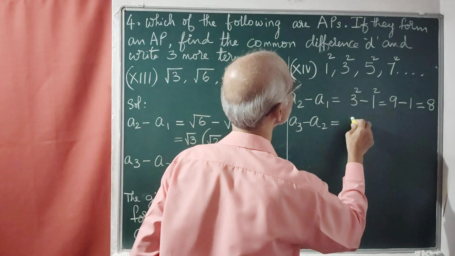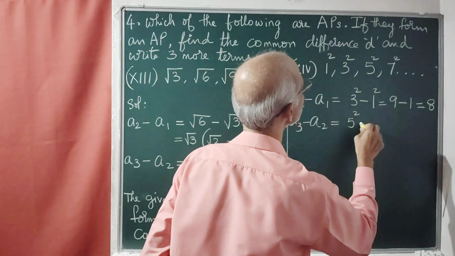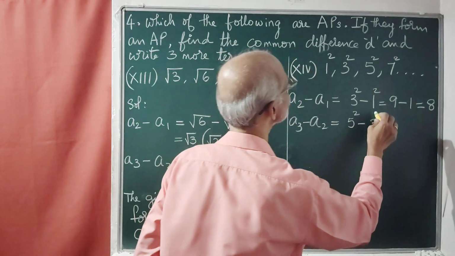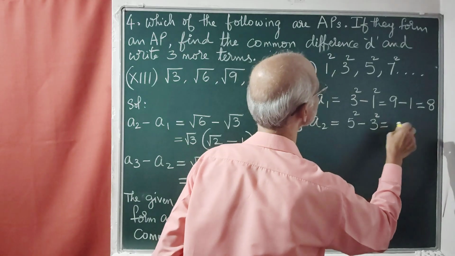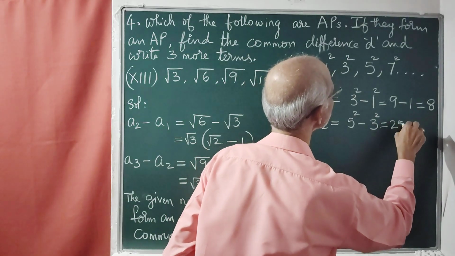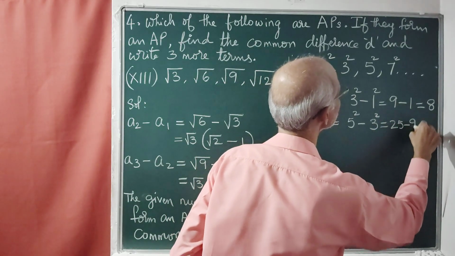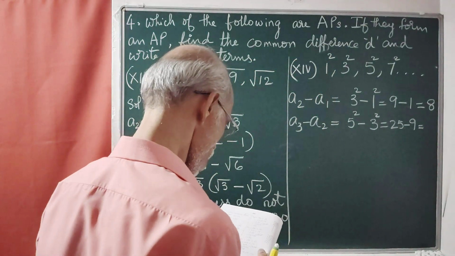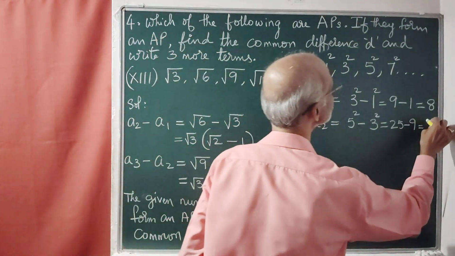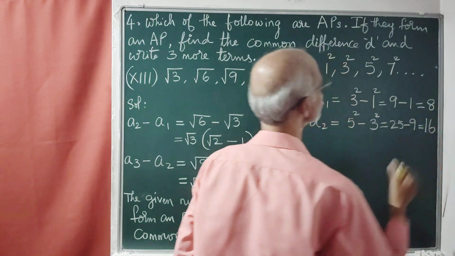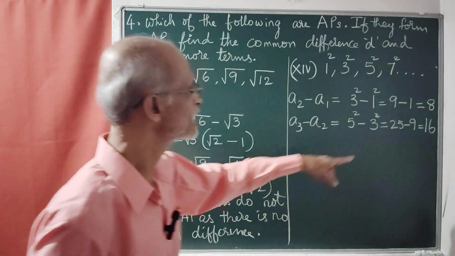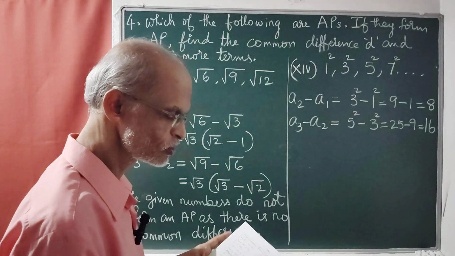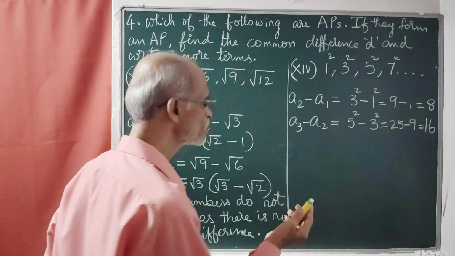What is A3? 5 square minus 3 square. 5 square is 25. 25 minus 9. How much do we get? 16. So now we find that there is no common difference. So the given numbers do not form an AP.